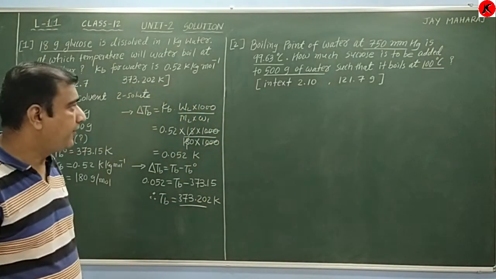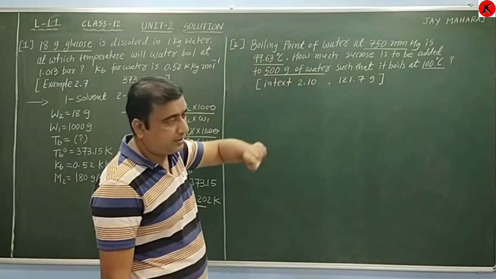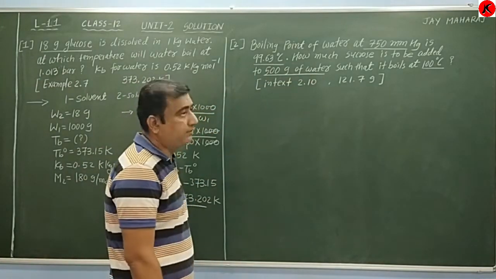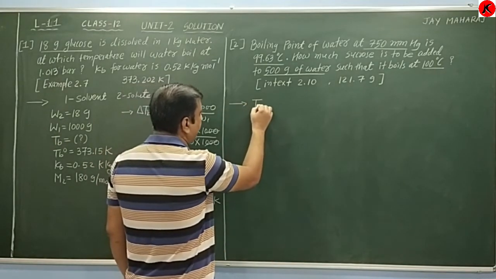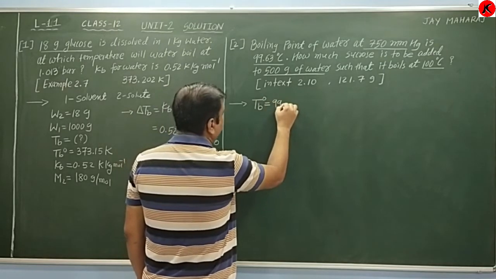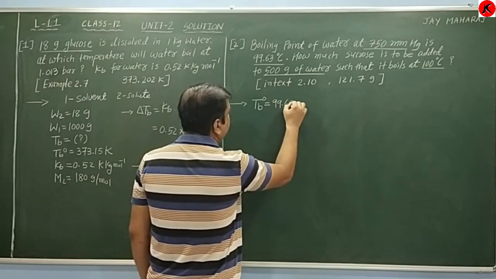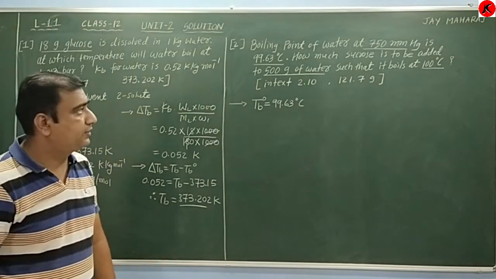This is intext question 2.10. Boiling point of water at 750 mm Hg means Tb0 is given, 99.63 degrees Celsius.